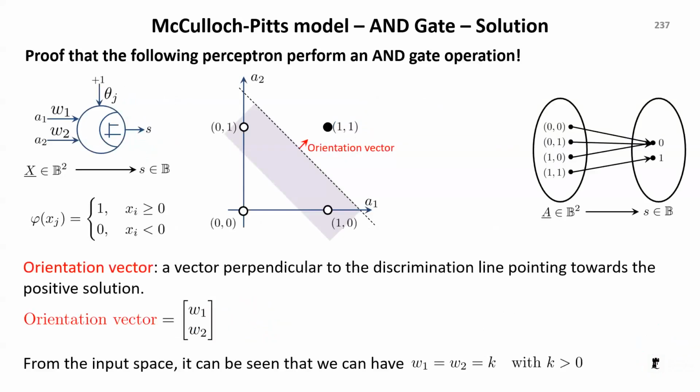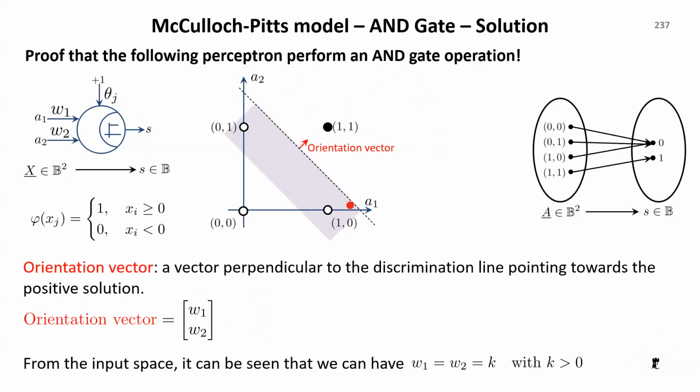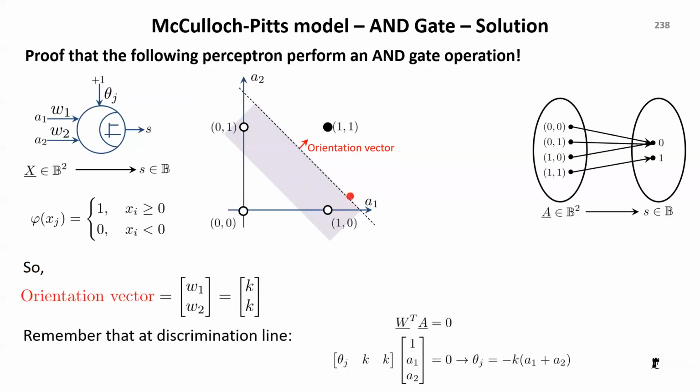Now, this is the solution that you can do that way, or I can just solve it diagrammatically. So this is an AND, right? What we want is to have a discrimination line like this. Now the proof that I want is to consider this case. If I want to have them the same weight, it means that I will have the same weight.